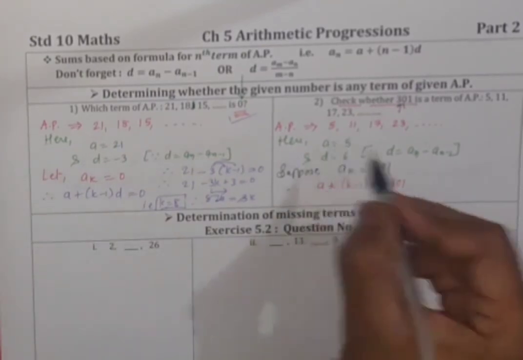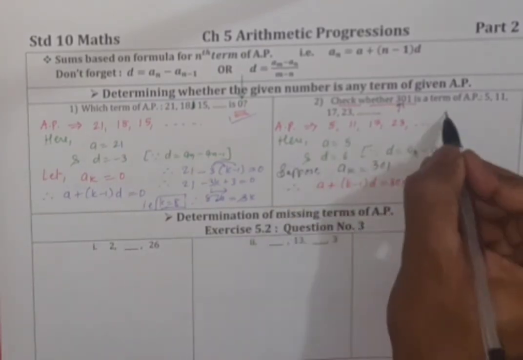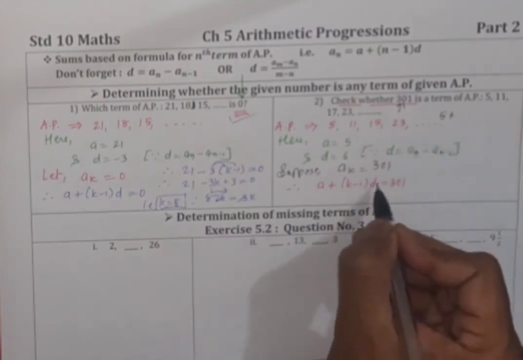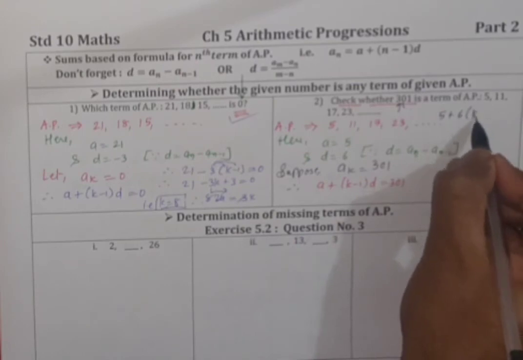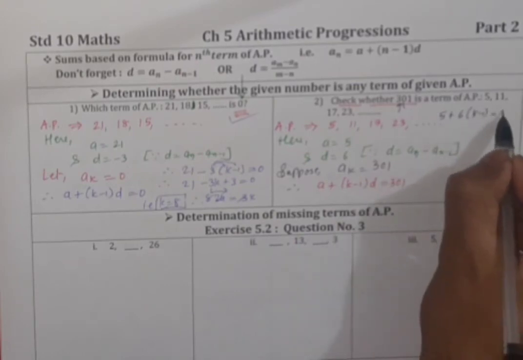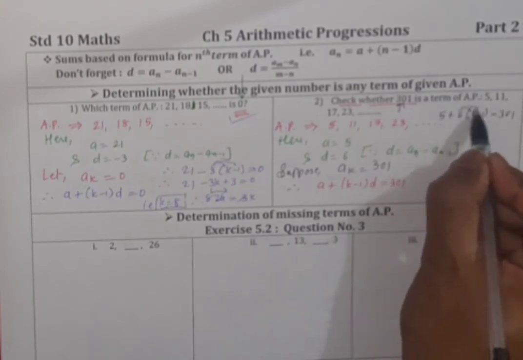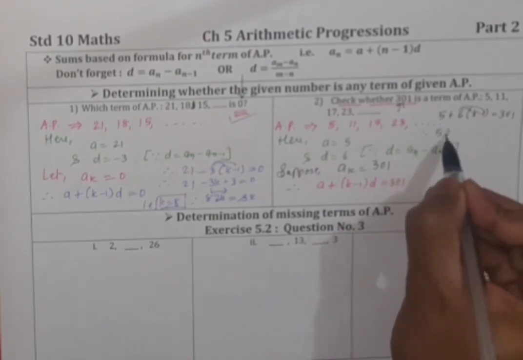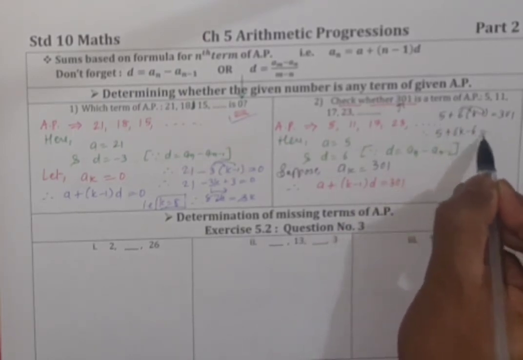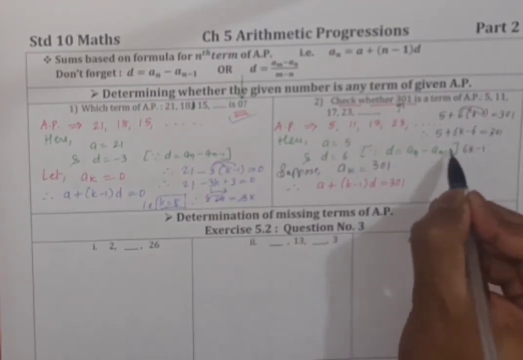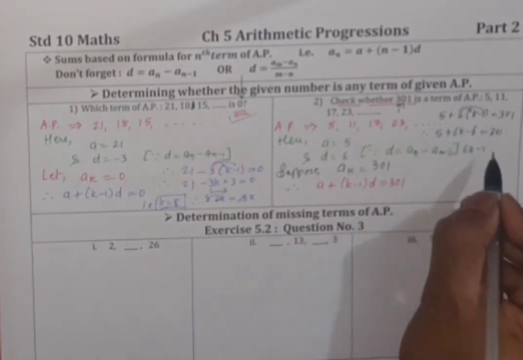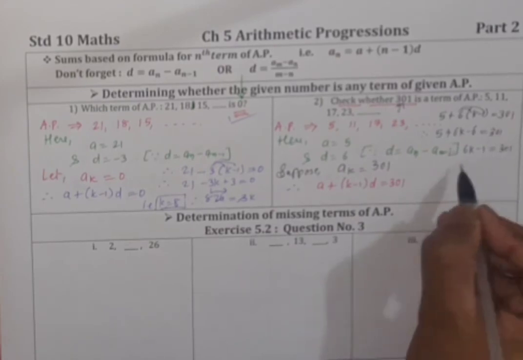Same thing, the values of A and D. What is A? 5 plus the value of D is positive. So 6 into K minus 1 that is equal to 301. Distribute this. Therefore, 5 plus 6K minus 6 is equal to 301. So 6K minus 1. Yeah, 5 minus 6 is minus 1 is equal to 301.